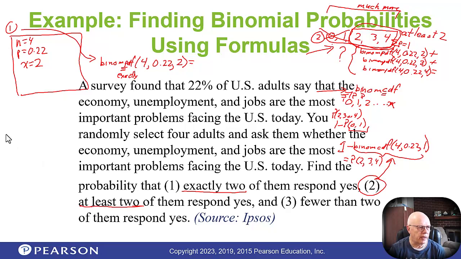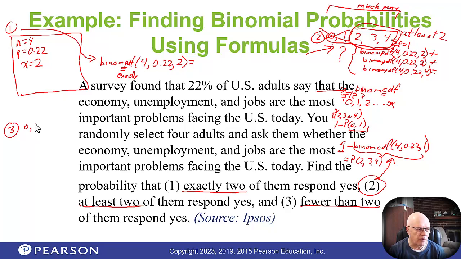Now, number 3. For this one, we want fewer than 2. Let's make our list. What are our possibilities? We've got it up there in the upper right, as if we were starting from scratch.